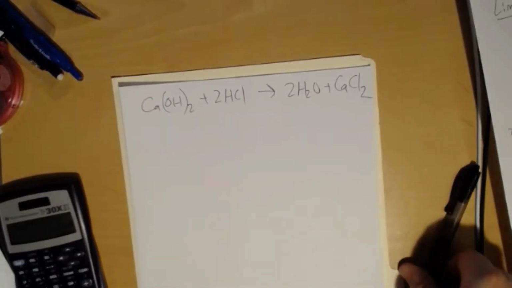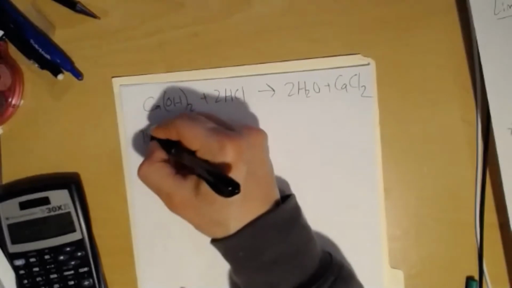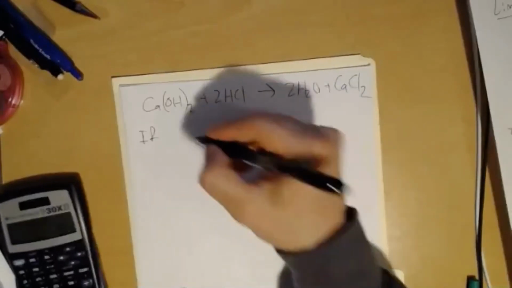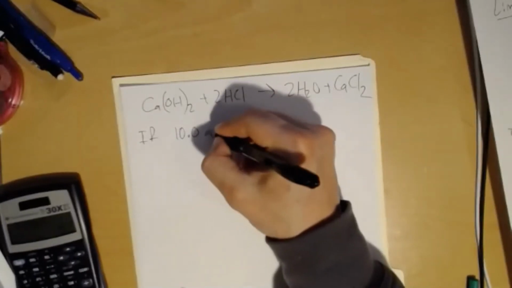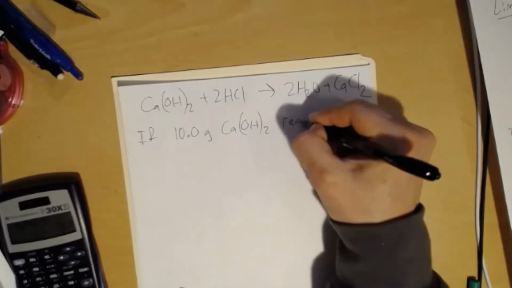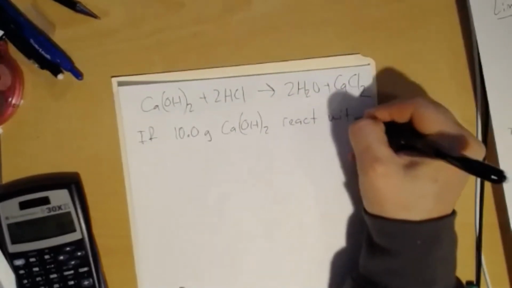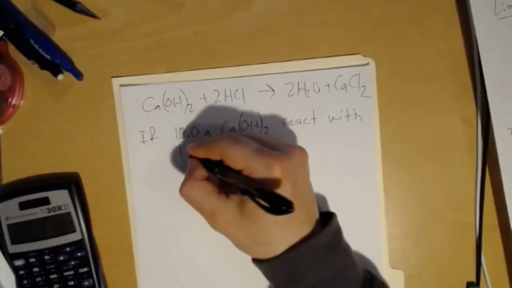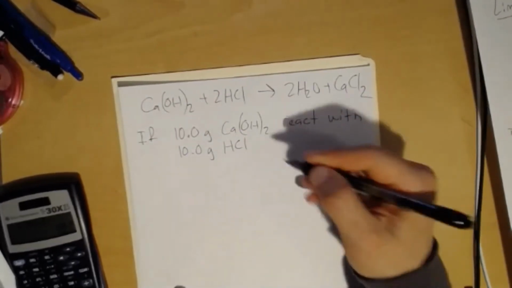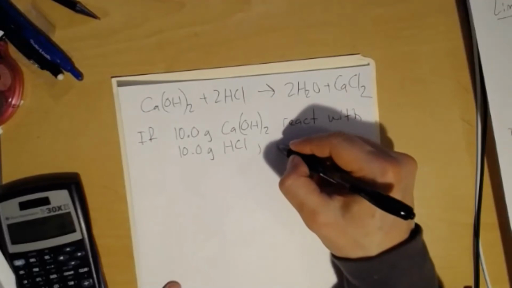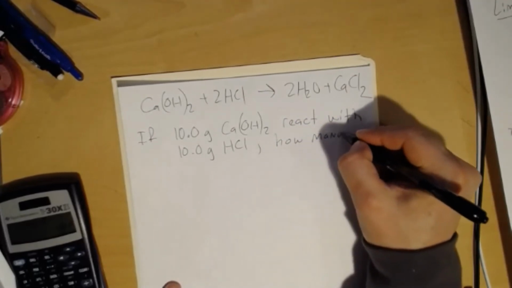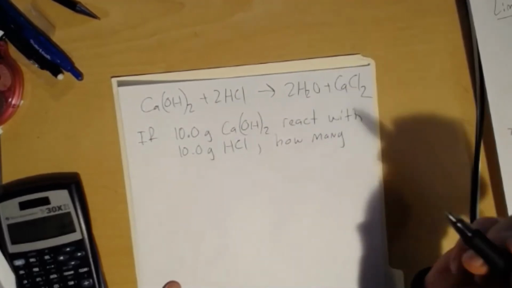And if, let's make them the same amount. If 10.0 grams of calcium hydroxide react with 10.0 grams of HCl, how many, to make it easy, let's go to water.